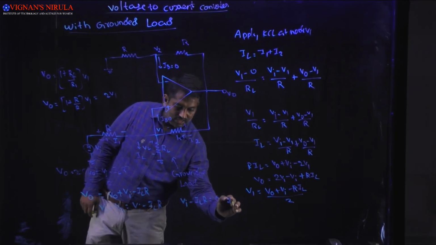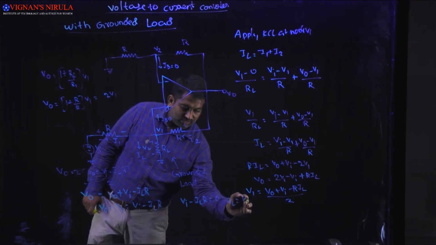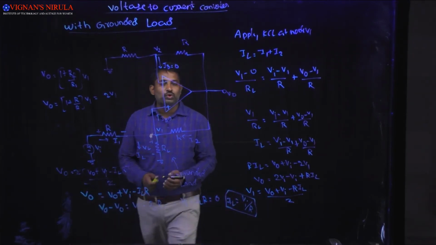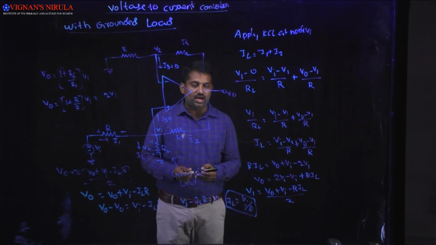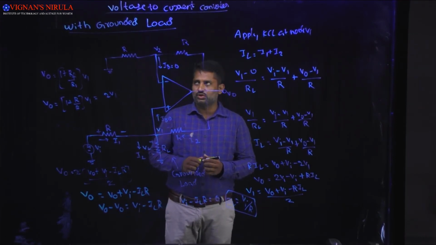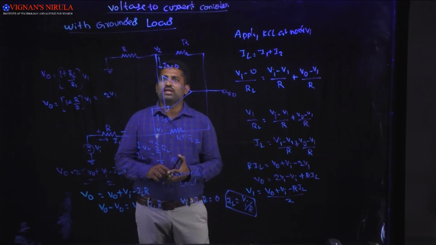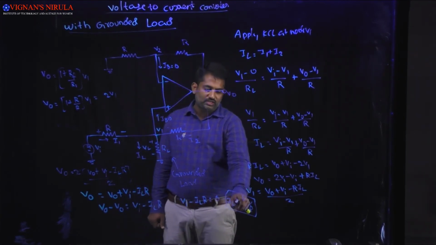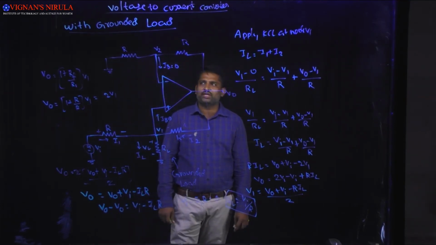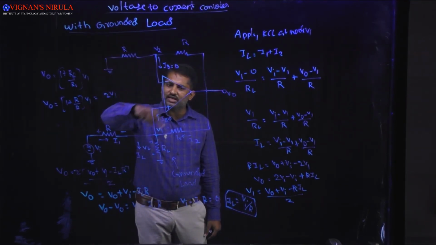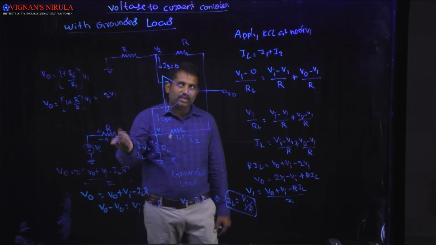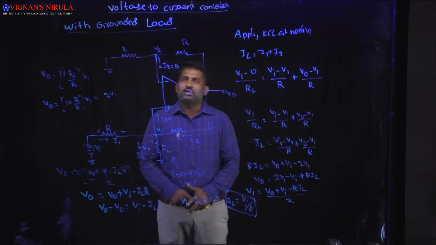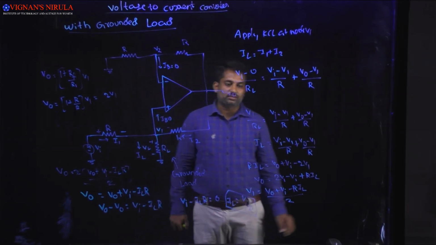So IL is equal to Vi divided by R. From this, the output load current is directly proportional to the input voltage. So we concluded that this is the voltage to current converter: output load current is proportional to input voltage. With the help of the Howland current converter also we can calculate the load current. Okay, that's it for the voltage to current converter.